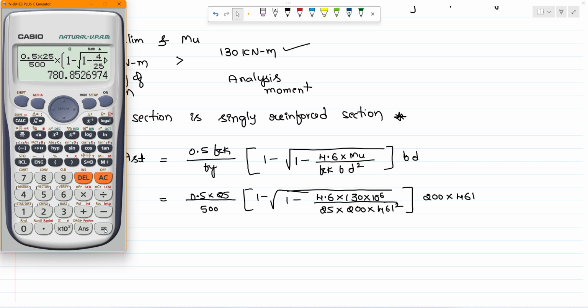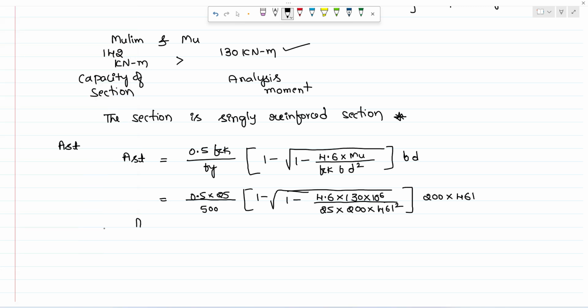So it is 780. So area of steel is 780 mm square. This is the area of steel required.